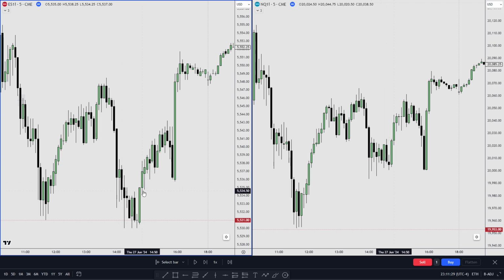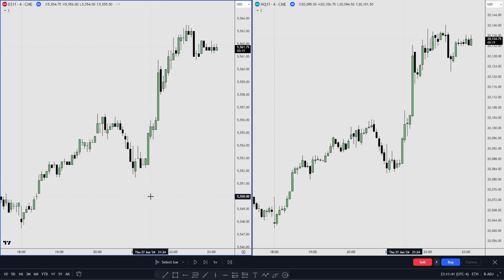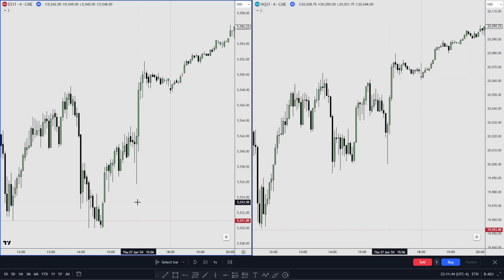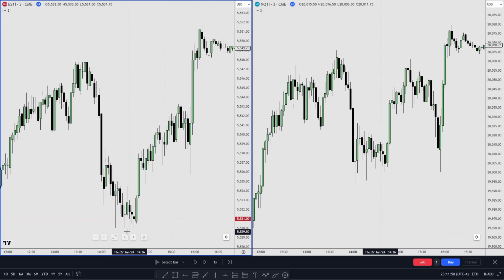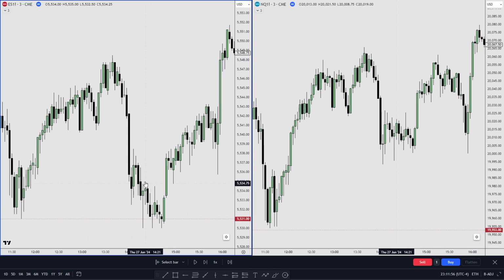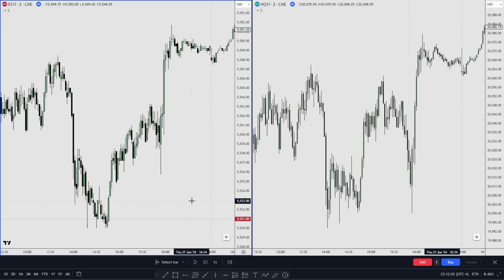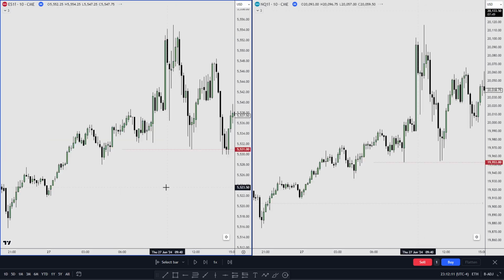Right, so the 5 minutes wasn't that clear. 15 minutes, not clear as well. 4, not really. 3, nope. 2, usually I don't really like to go to 1, so let's see if there's any on a 10 minute.